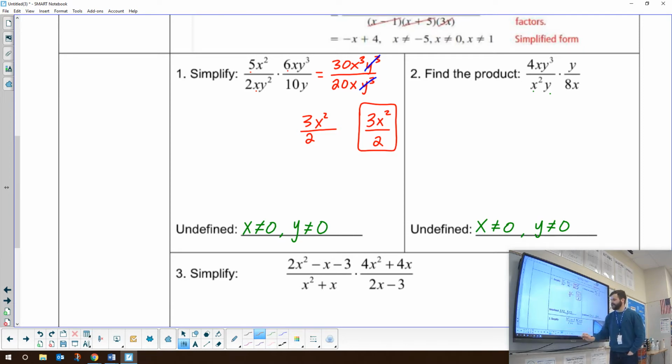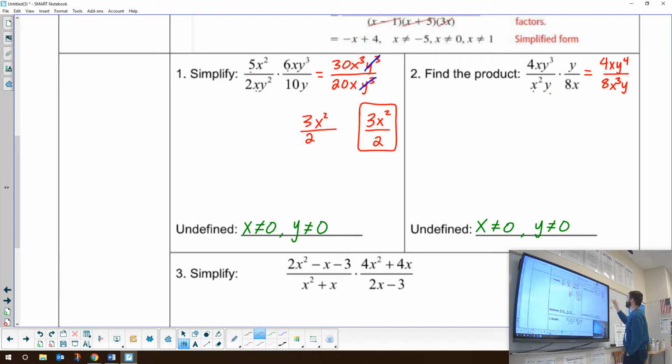Now let's multiply. Let's start off multiplying our top together. 4xy cubed times y is going to be 4xy to the 4th, divided by 8 times 1, which is just 8. X squared times x is x cubed, and then y times 1y is just y. Then we simplify.